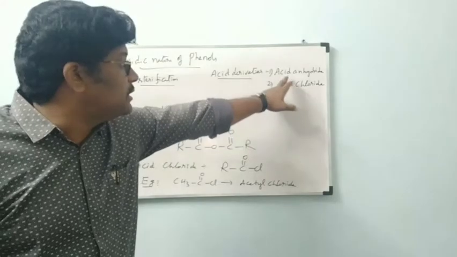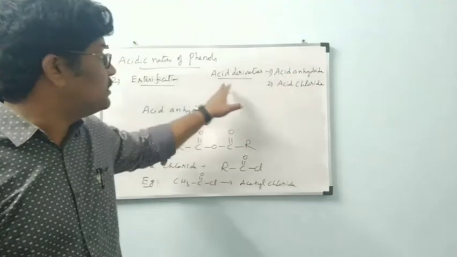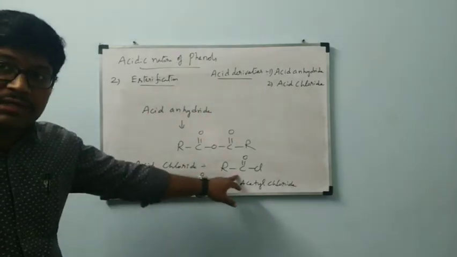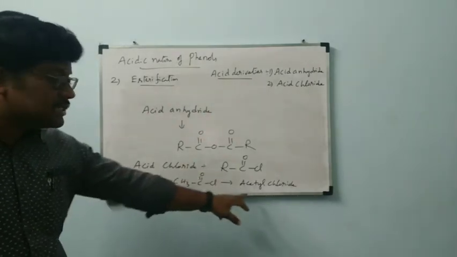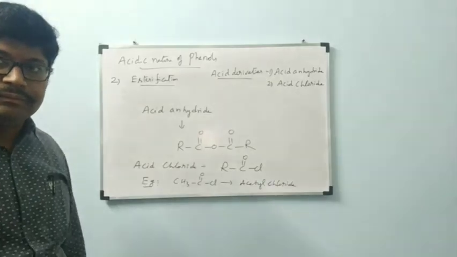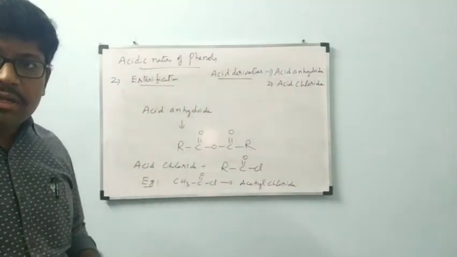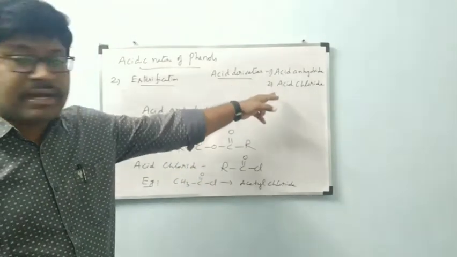Acid chloride and acid anhydrides are coming under acid derivatives. If that R group is CH3, that is called acetyl chloride. Okay, this is about acid derivatives, acid anhydride and acid chloride.